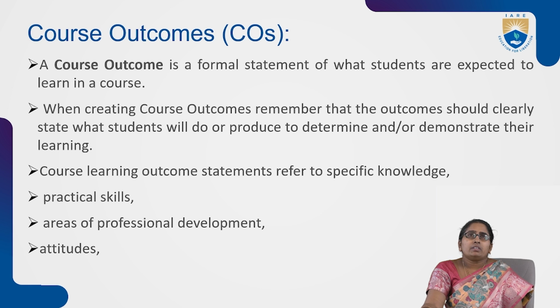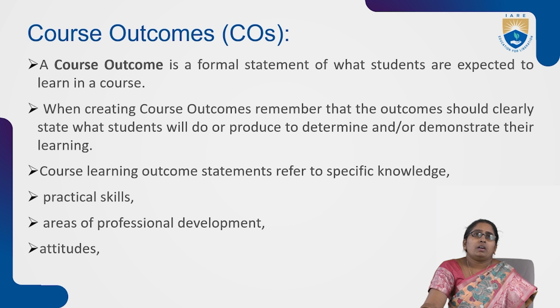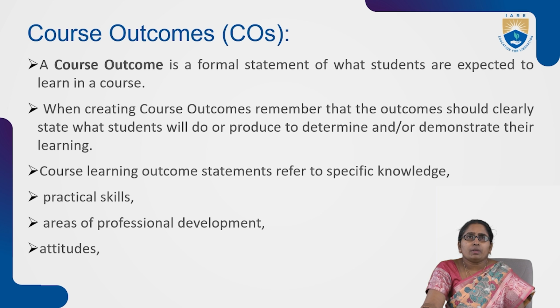A course outcome is a formal statement of what students are expected to learn in a course. When creating course outcomes, remember that outcomes should clearly state what students will do or produce to demonstrate their learning.